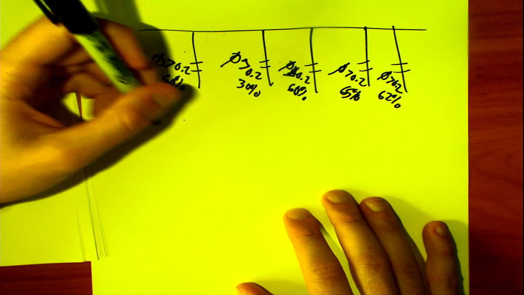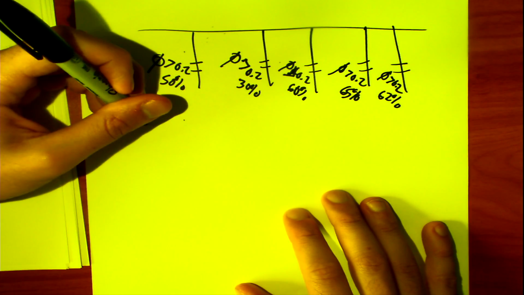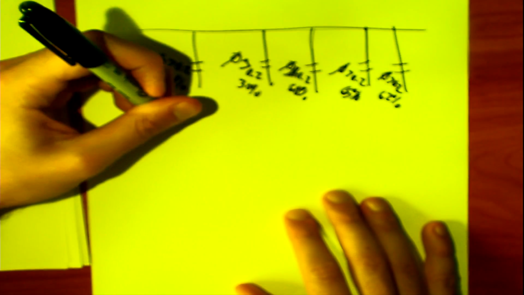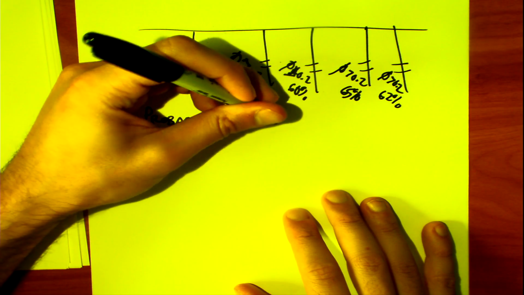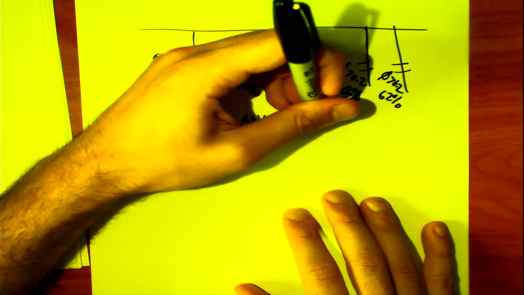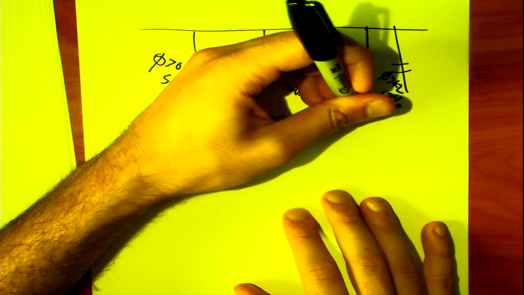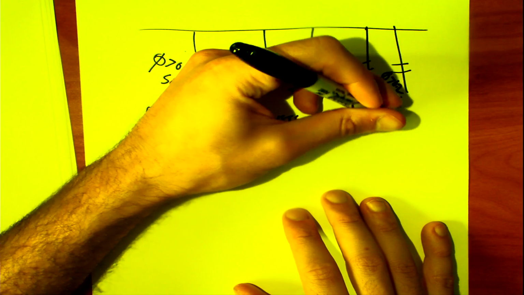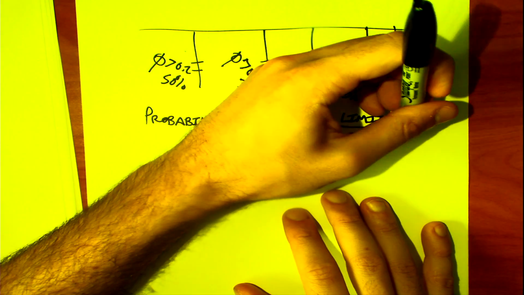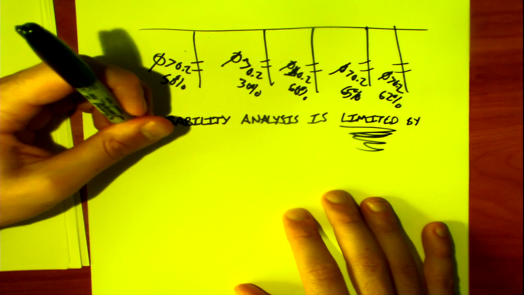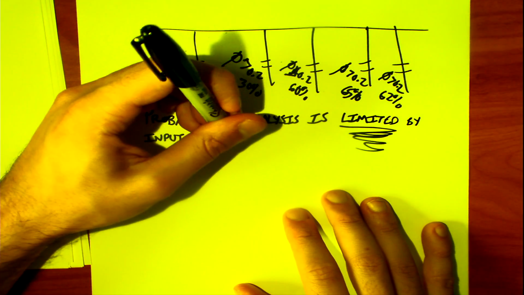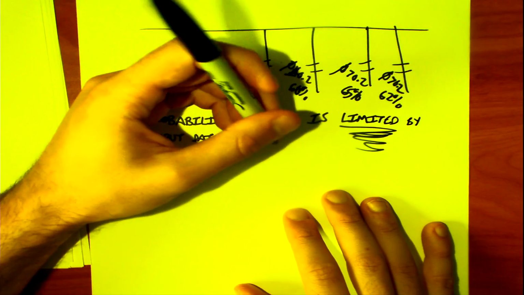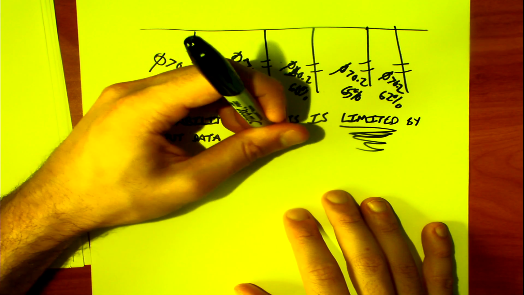So all these probabilities that we're doing, and pretty much all statistical analysis, probability analysis, is very, very much limited by whatever your input data is, and in a sense by physics.